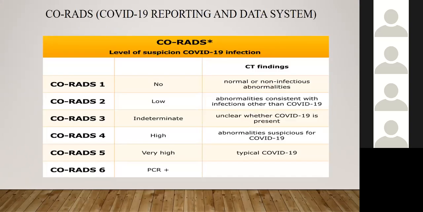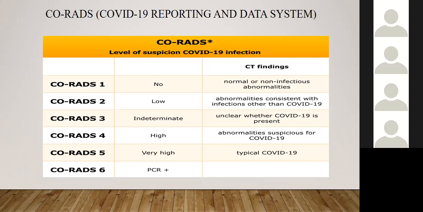Usually when you do a chest CT scan or imaging for COVID, we assess it with what we call the COVID-19 Reporting and Data System, which is the CO-RADS, and it's good you know this. But of course, I won't worry you with CO-RADS. I added it to your slides because when you request chest CT scans for people with COVID and the reports come, the radiologists will want to prove to you that they know. So they'll put there CO-RADS 5 or maybe CO-RADS 4.